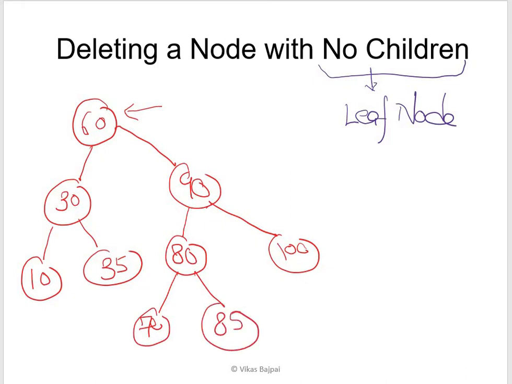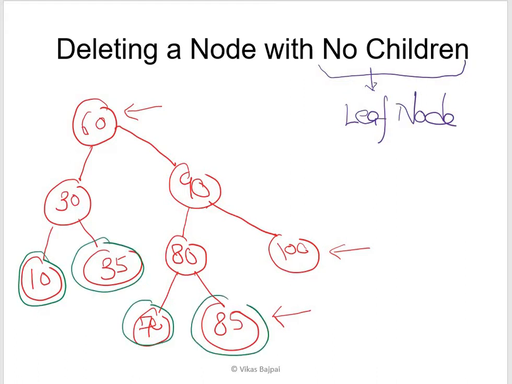Now what I'm supposed to do is I have to delete, let's say, this particular thing, right? 85, a leaf node, or even I can take this as well, any of these possibilities, right? So this comes into picture, this one, this one, this one, and this node 100, and I have to delete any of these, let's say.